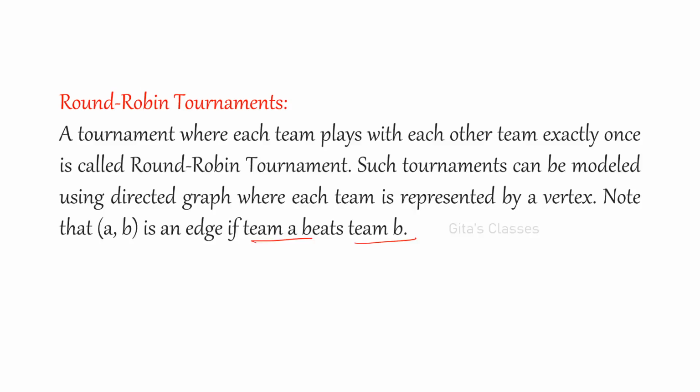So I'll give one example with 6 vertices, 6 teams. So you will have team 1, 2, team 3, team 4, team 5 and team 6. Okay. So you will have 1 has played with 2.